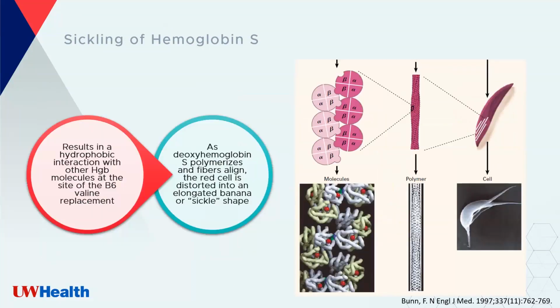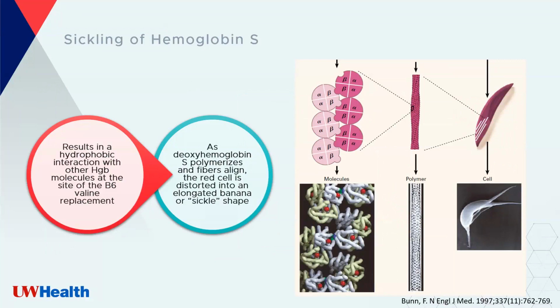And from there, you'll find that there's an agglutination or aggregation of these deoxygenated red blood cells, which polymerize and form fibers, which align and begin to distort the cell shape. And that's where you'll find that sickle cell shape that I alluded to earlier.